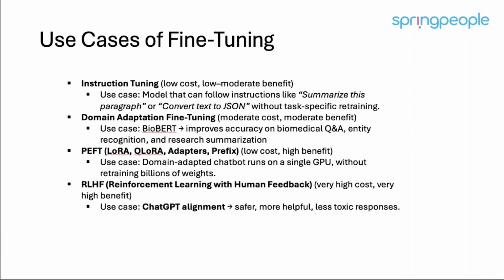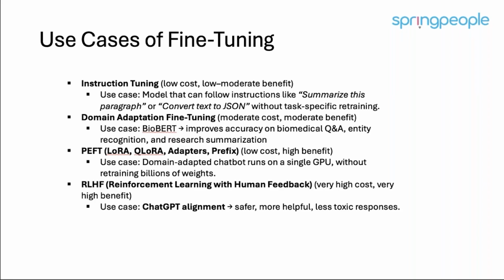So these are very specific use cases of instruction fine-tuning, and you're making it very, very specific here, and getting these done is not very complex. And of course, domain adaptation, you are pretty much aware of.